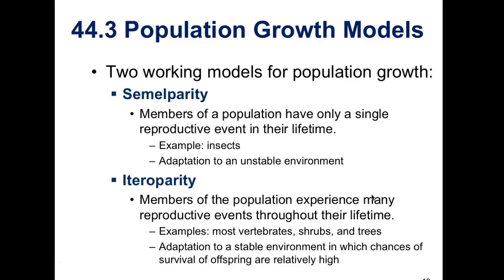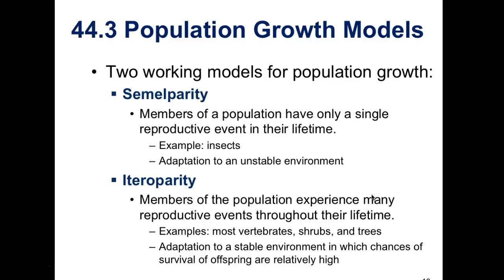A lot of insects have that one opportunity to reproduce, and after they reproduce, they die. Another example of this would be salmon. Salmon will return to their stream for breeding, and once the salmon have laid their eggs and they've been fertilized, the adult salmon would die off. So that's the typical mode of reproduction called semiparity.